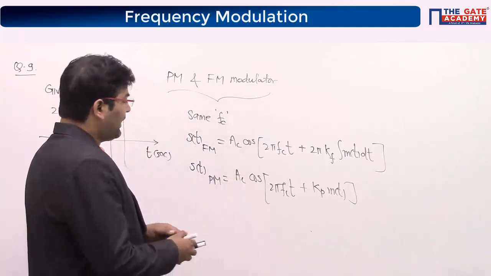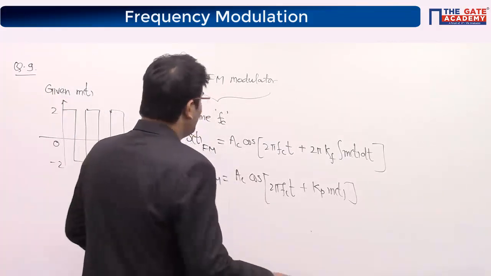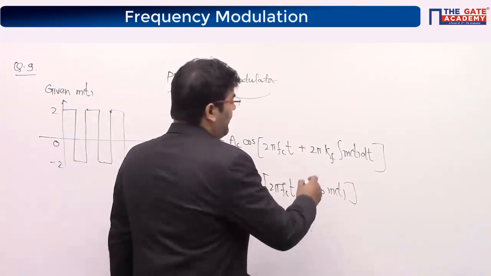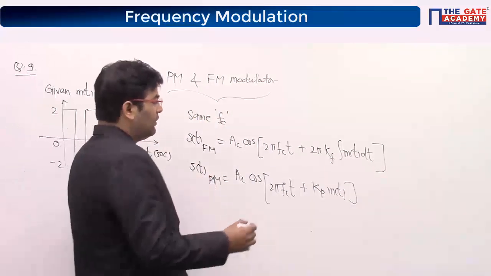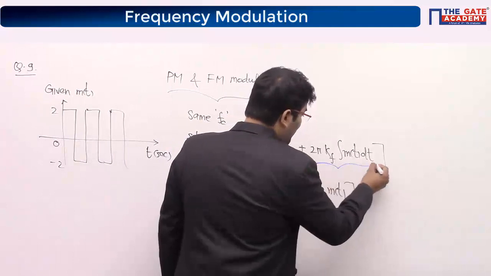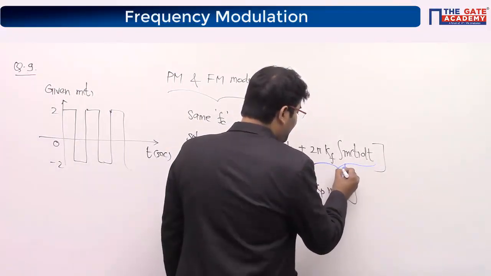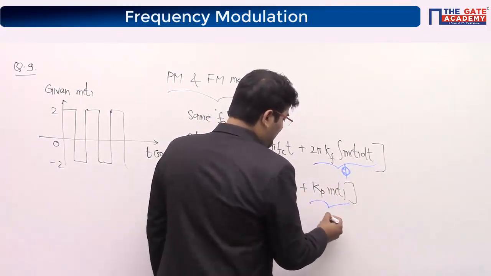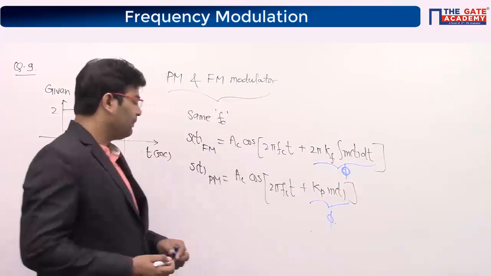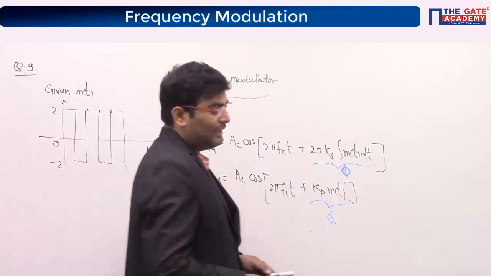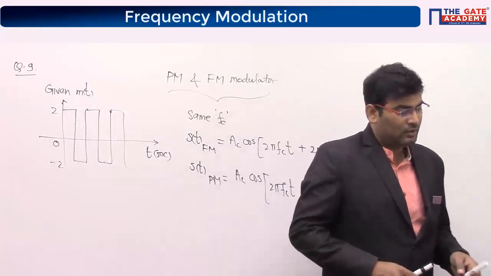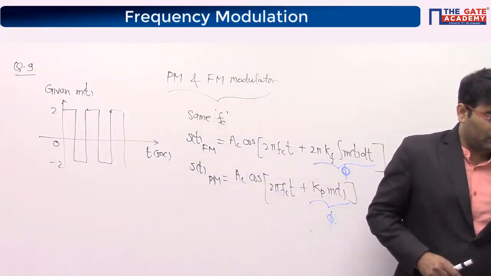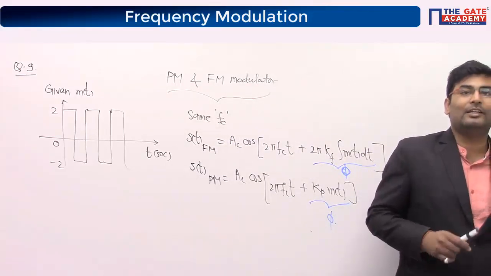Okay, guys. So to come back, if you look at this, AC cos(2 pi fct plus 2 pi...). I have written a general equation, guys. Nothing I have done in this question. So if you look at this, this is your phase phi, and this is the phase of PM. Now what does the question say? It says that it should have the maximum phase deviation.